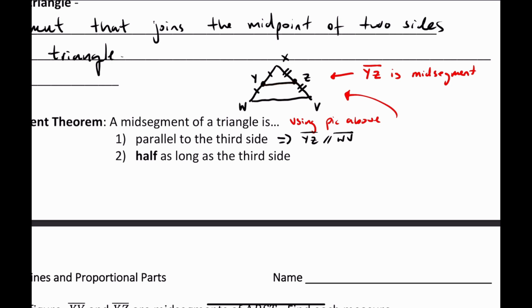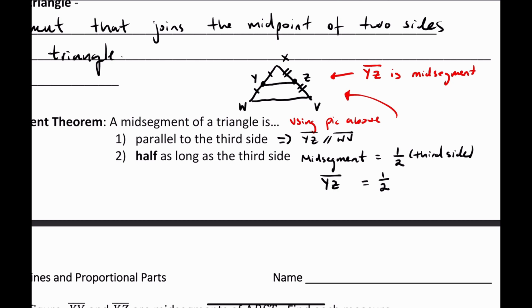And know that the mid-segment is equal to 1/2 the third side. So since YZ is the mid-segment, that is equal to 1/2 the third side, which is WV.